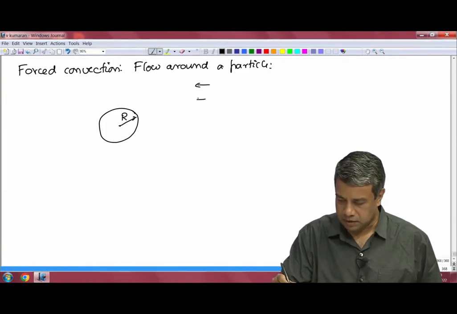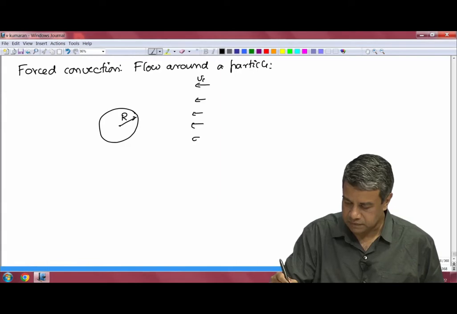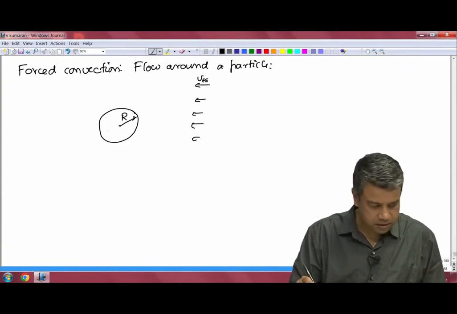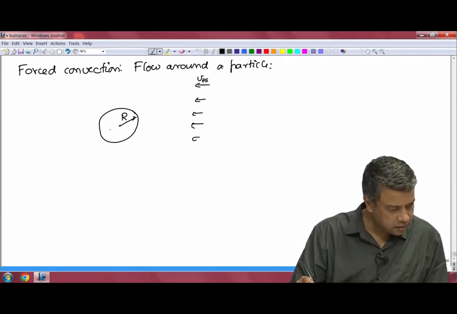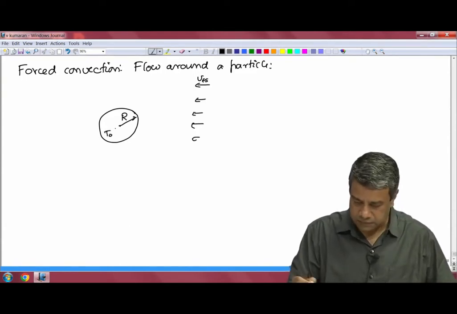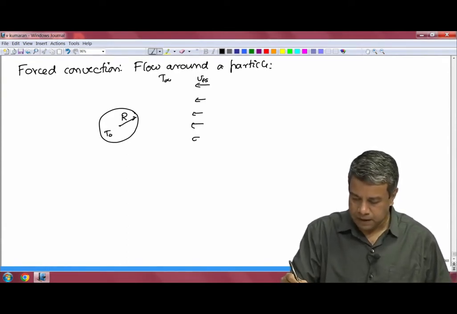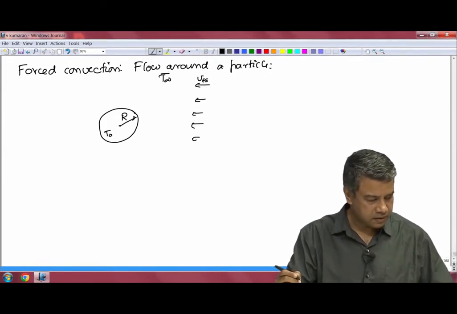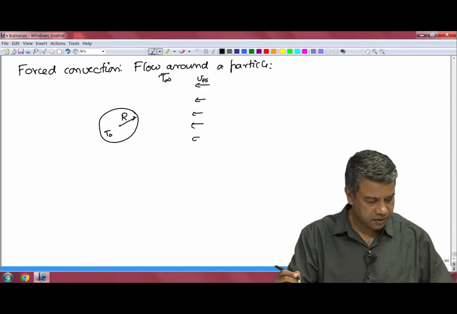Incident on the particle is flow with a free stream velocity Vfs, and the particle was at surface temperature T naught in a fluid in which the temperature was T infinity far from the particle. So, that was the configuration that we were trying to analyze.